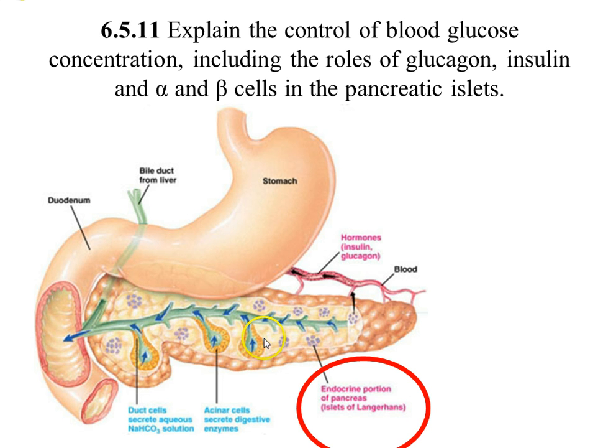But you should also know that the pancreas creates something else for our blood sugar levels. So the pancreas also emits two different kinds of hormones into our blood, and those two are insulin and glucagon. And we'll talk a little bit about the kinds of cells here.